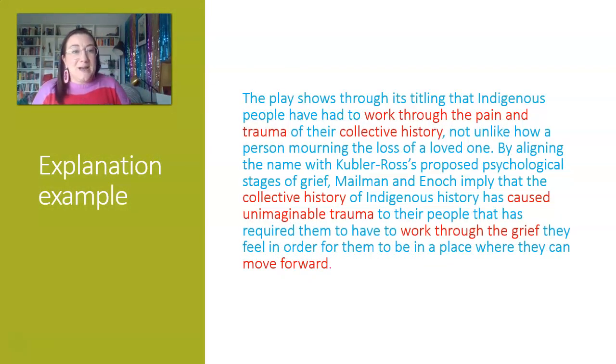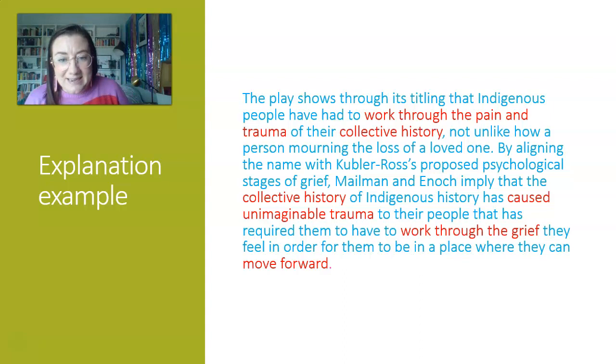All right, here is my example of my explanation. My evidence was basically the title, 7 Stages of Grieving, and now I'm going to explain how that proves my point. I've said, the play shows through its titling that Indigenous people have had to work through pain and trauma of their collective history, not unlike a person mourning the loss of a loved one.